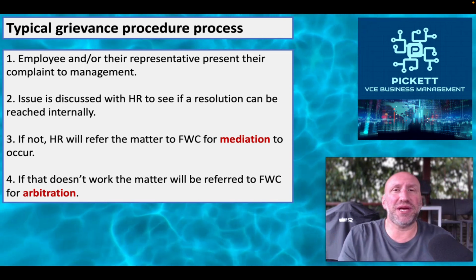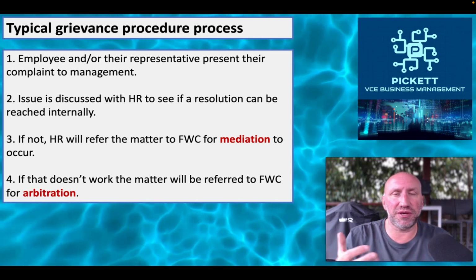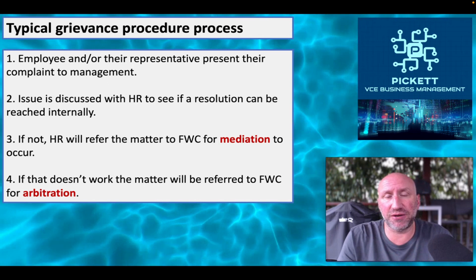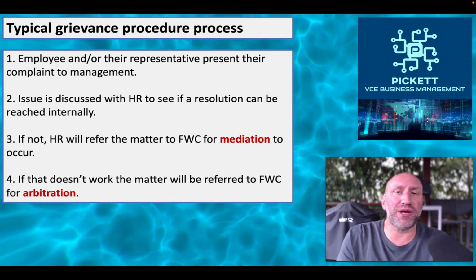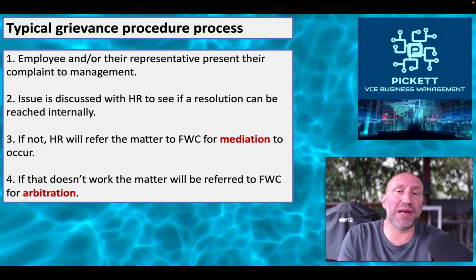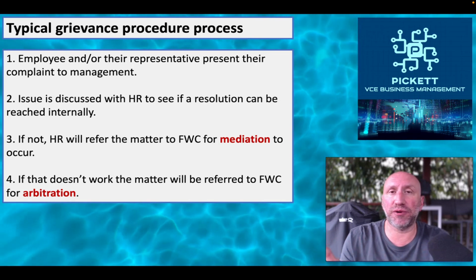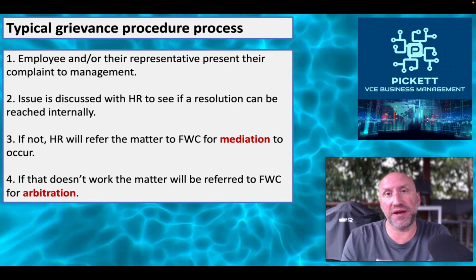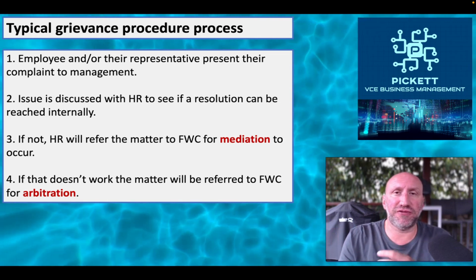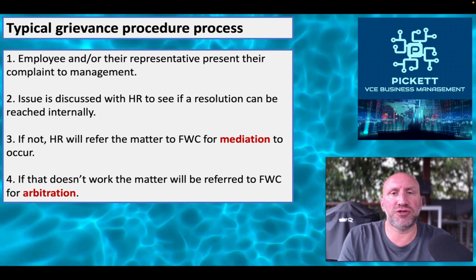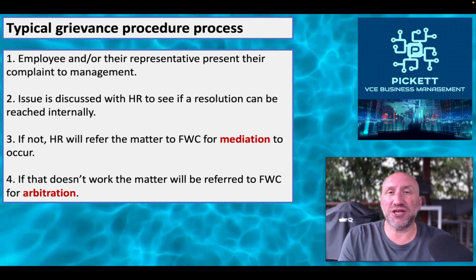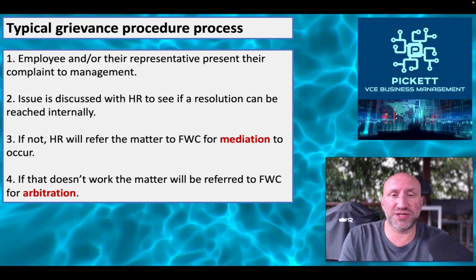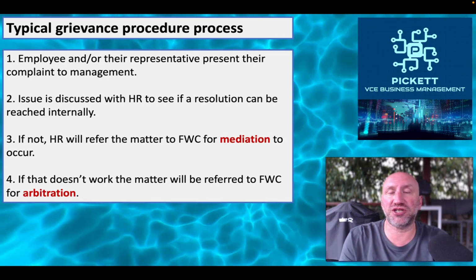If the employee has an issue in the workplace, the employee presents their complaint to management, and it might not be the employee themselves. They might have a representative do that for them, who might actually be another employee. So first off, you present your issue to management. The issue is then discussed with human resources to see if a resolution can be reached internally.